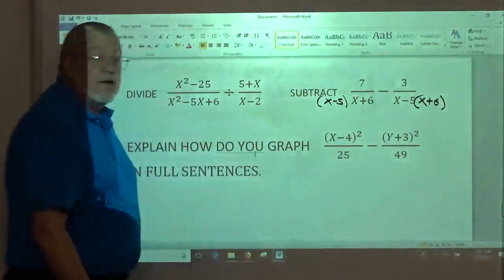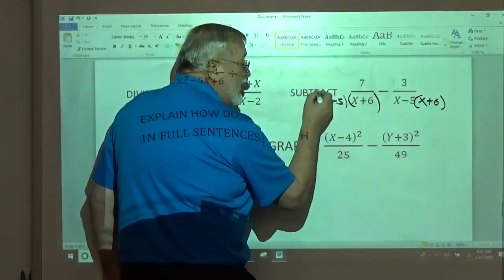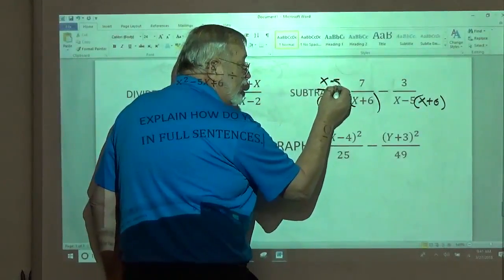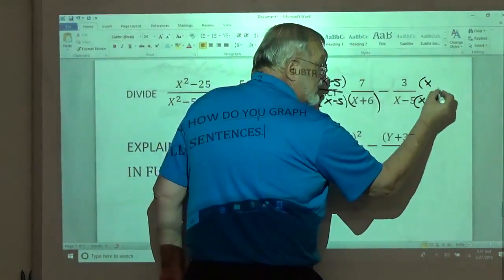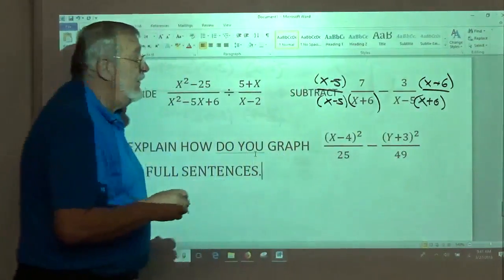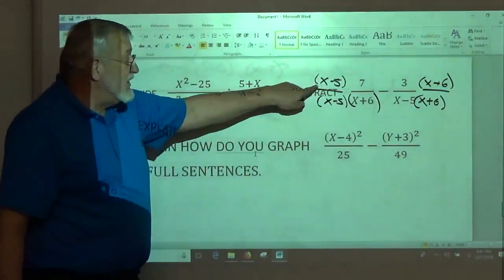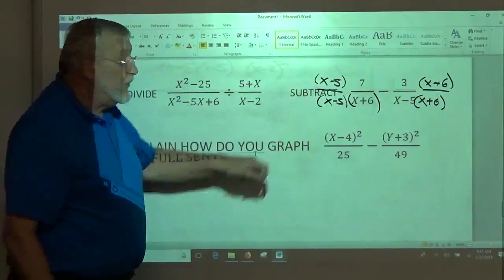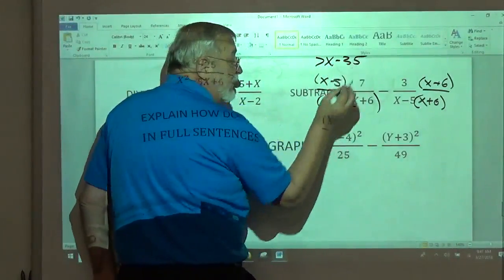Would you agree? Yes. Okay, if that's true, then in order to keep this fraction the same, I have to multiply the numerator by the same value. And so now I have a common denominator, but I have 7 times this first binomial, which is 7x minus 35.